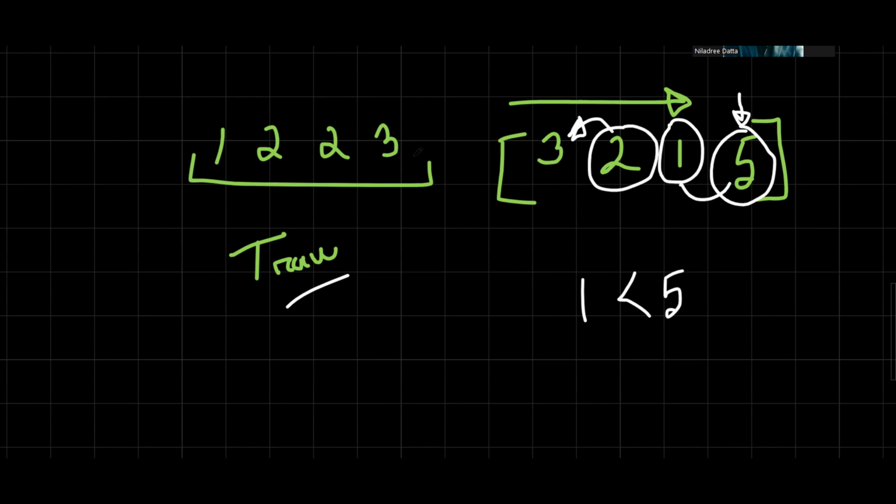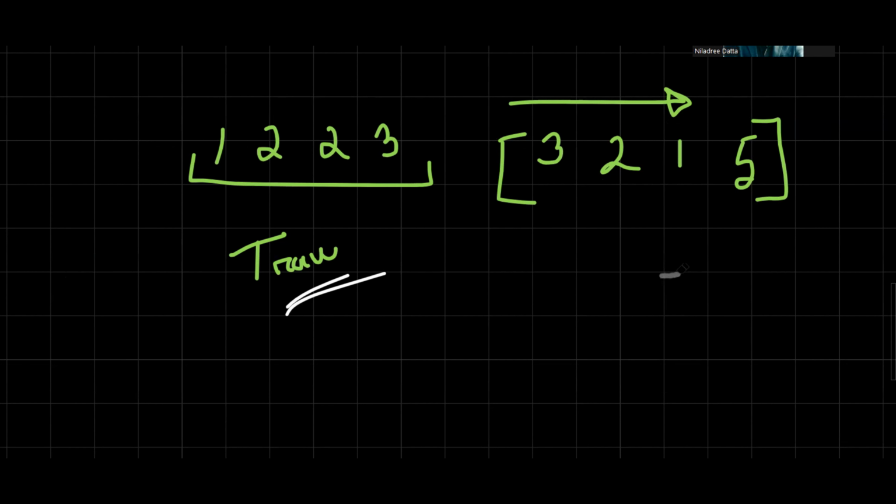So again, let's wrap up the algorithm. At first, we are given an array. First of all, we have to check whether it is sorted or not. If sorted, then we have to return true. Otherwise, if it is not sorted, then we have to check whether it is monotonically decreasing or not.